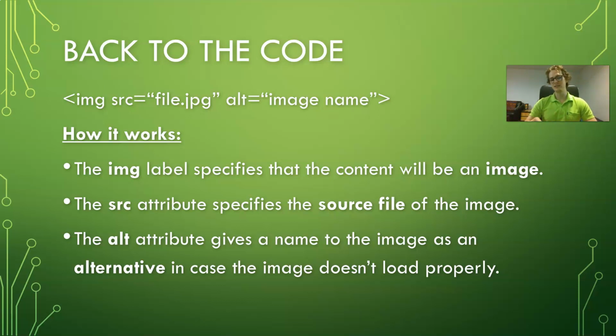The alt attribute gives the image a name, and then people that are blind can actually have the name read to them through audio so they can hear it. So that's something good just to add to your images. It's not always necessary, but it's a nice thing to have.